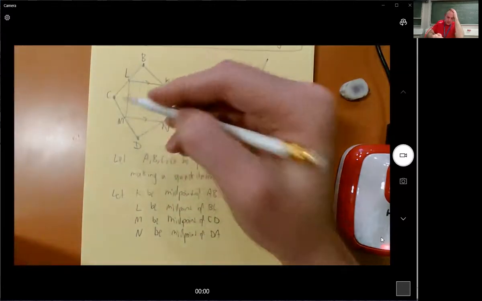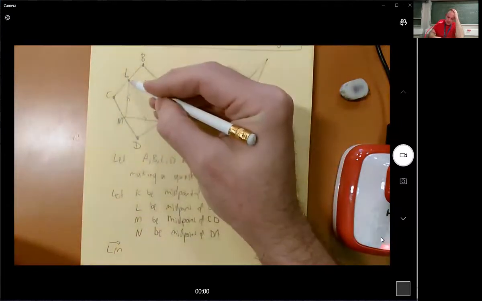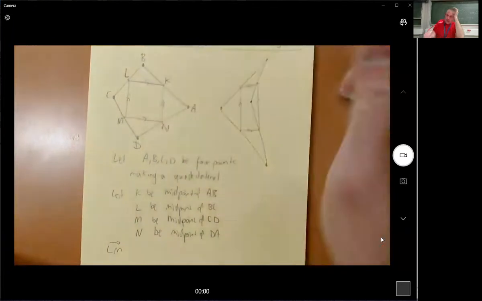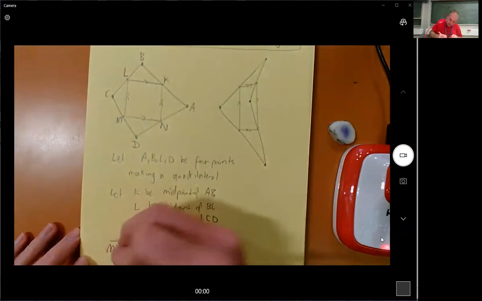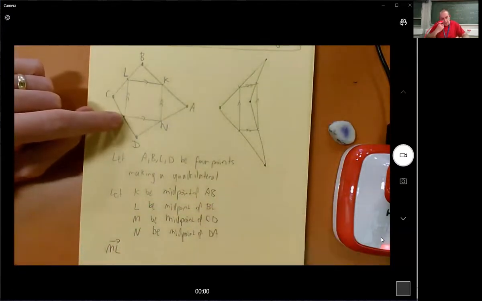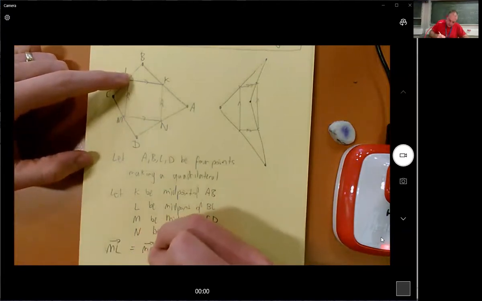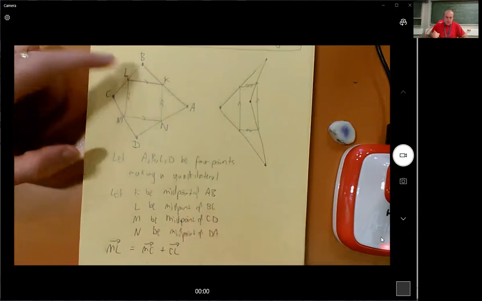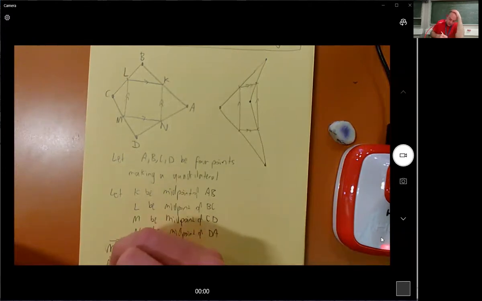Let me go from L to M. So to get from L to M, oh, the arrow's pointing the other way. I'll go from M to L because I'll just get confused otherwise. M to L. Then I guess I could go from M to C first and then from C to L. And I guess I could also instead go this way.